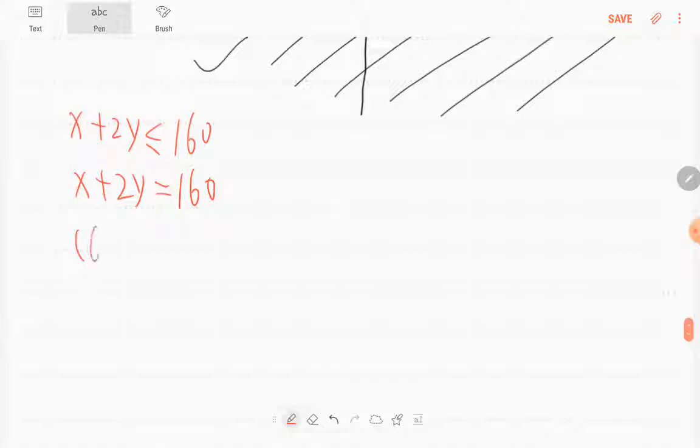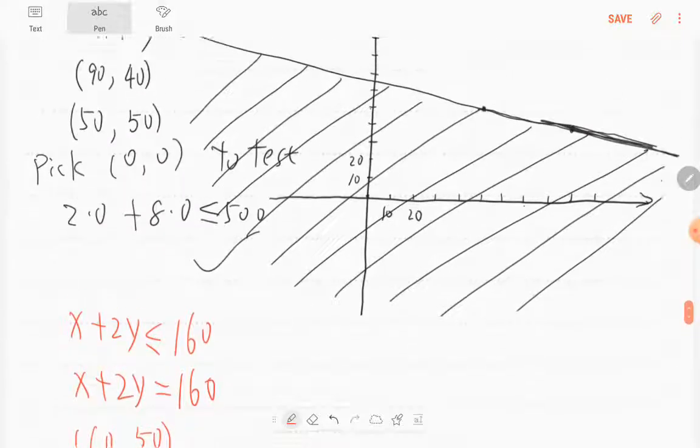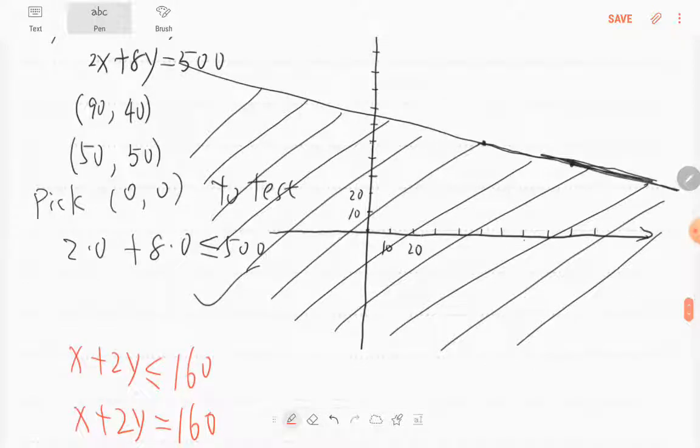We still choose x equals 60, y equals 50. This is one point, 60 and 50, so it would be here.